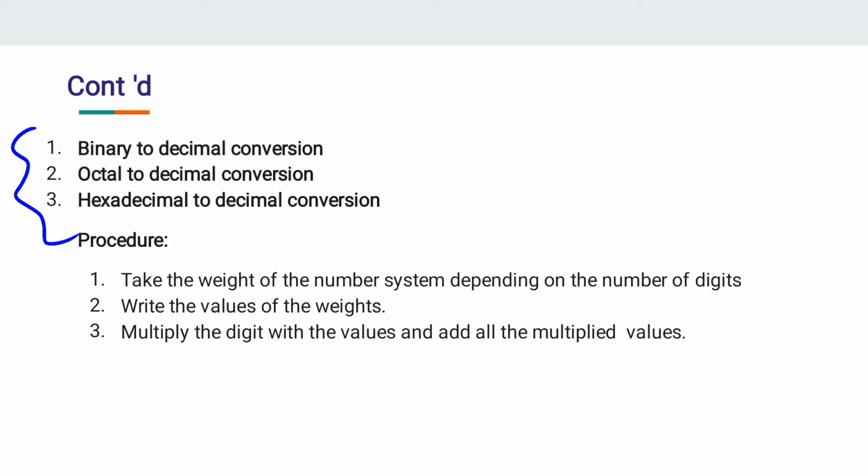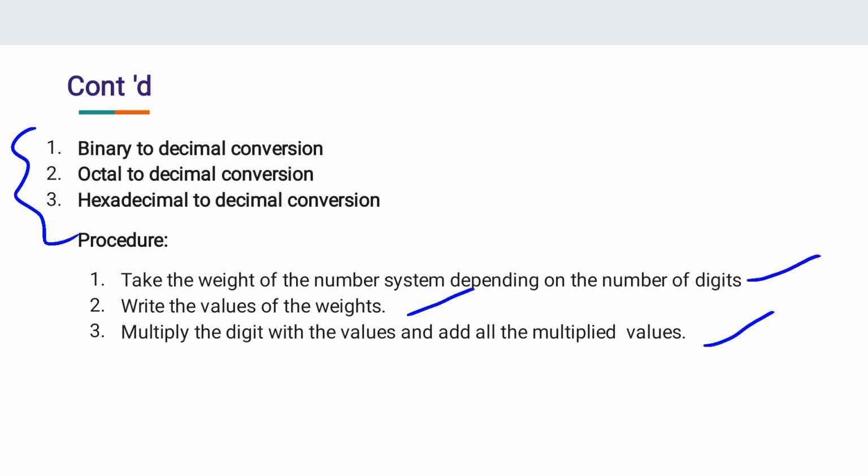Clear? The procedure is, first we take the weights of the number system depending on the number of digits. Next we take the values of the weights, then multiply the digits with the values and add all the multiplied values.